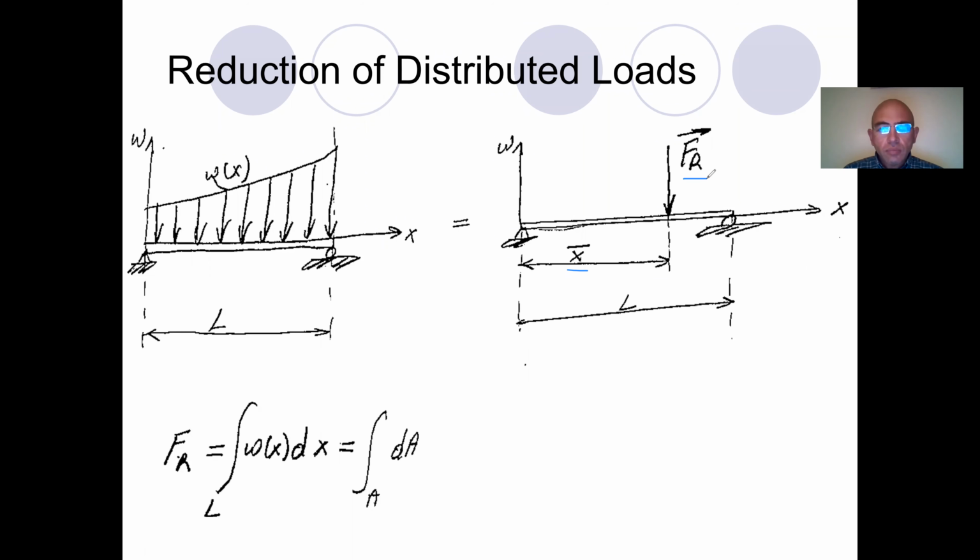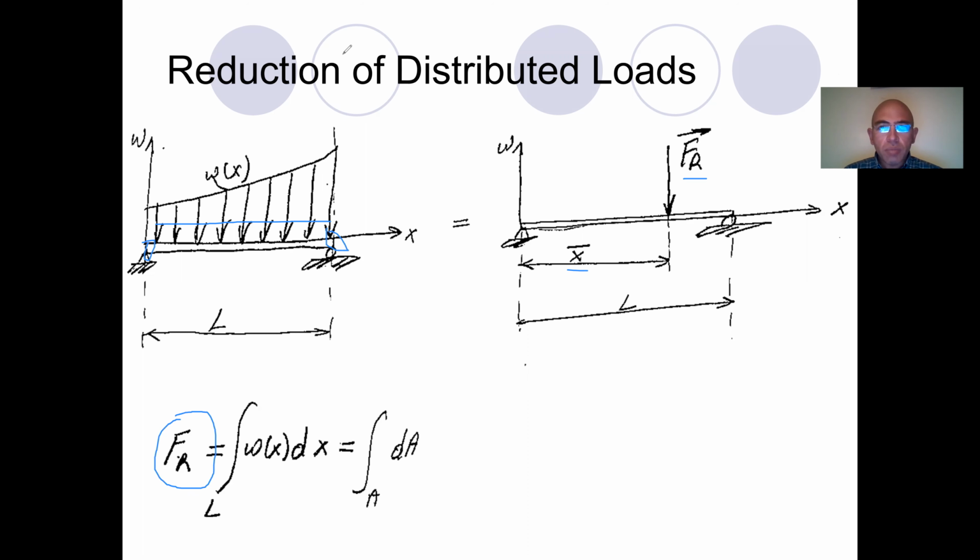Remember that the magnitude of this infinite number of points has to be equal to the magnitude of my resultant force. As a result, I sum up all the loads which act from this point to this point. This is what I do.